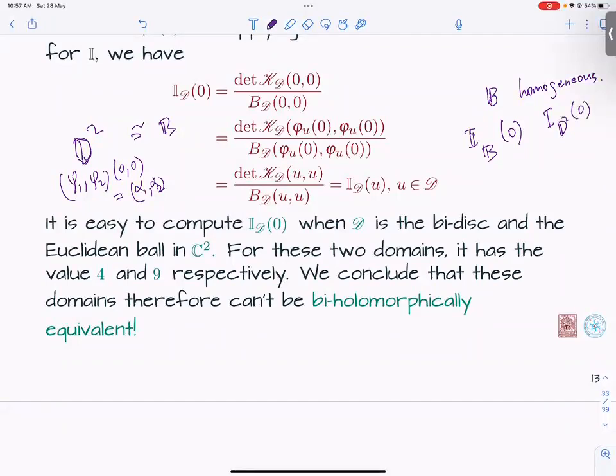It turns out one of these is 4 and the other is 9, as I have said here. And of course, we know 4 is not equal to 9. Therefore, we have arrived at a contradiction if we assume that the bidisk and the Euclidean ball are biholomorphically equivalent.